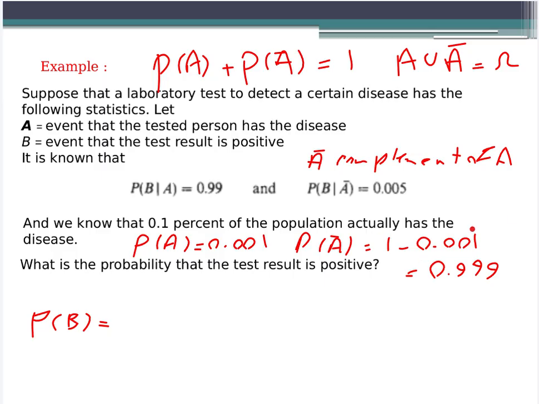Please pay attention that in this problem, we have the probability of B given A. Also, we have the probability of B given A bar. And now we want the probability of B without any condition. In such an equation, in the previous session, we said that we should think of what theorem?